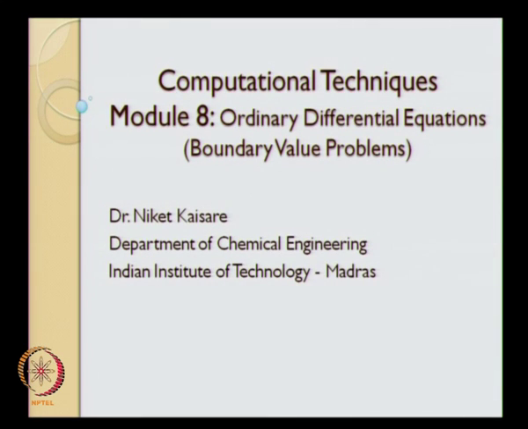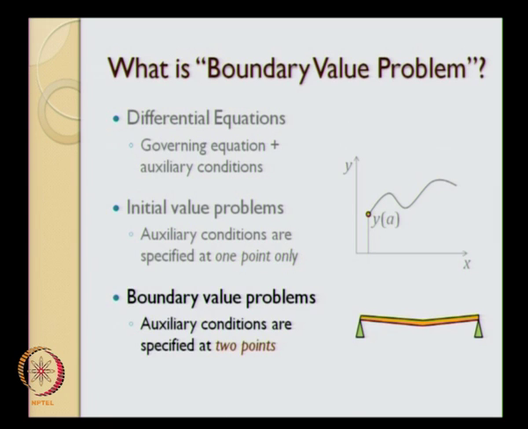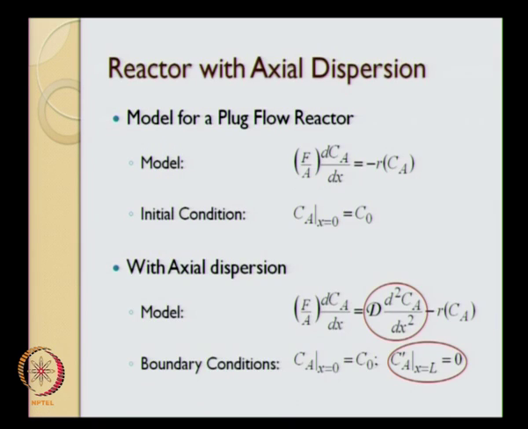What we covered in the ODE boundary value problems was the difference between boundary and initial value problems. In initial value problems we had the conditions specified only at one location, whereas in the boundary value problems we had the boundary conditions specified at two boundaries. An example that we took for the boundary value problem was a reactor with axial dispersion.